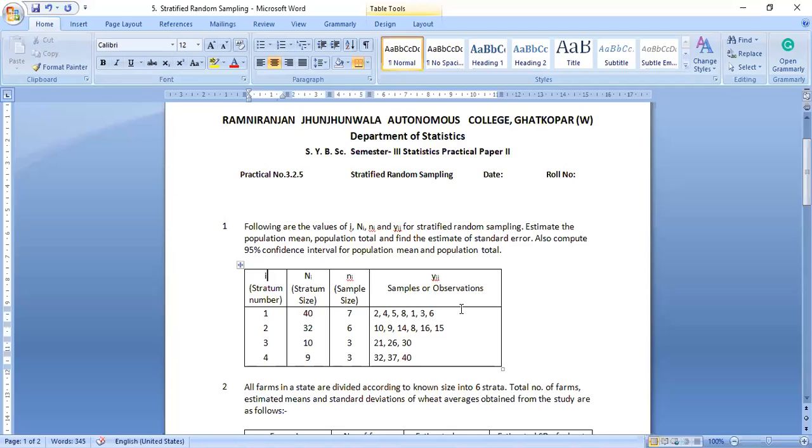So if we have a mean and a variance, one can use the 95% confidence interval without deriving anything. So just understand those concepts thoroughly, and based on that one can obtain the confidence interval for the population mean and the population total.